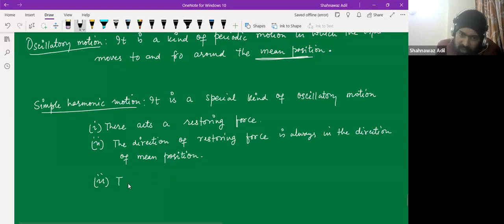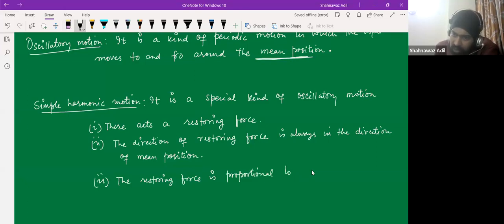So the restoring force is proportional to the distance away from the mean position, right?